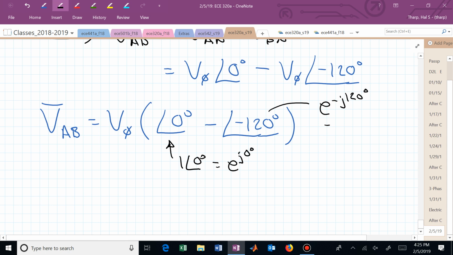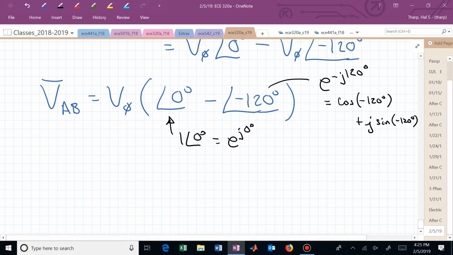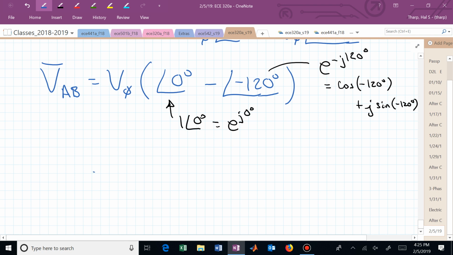You expand this with Euler and you have cosine of minus 120 degrees plus j sine of minus 120 degrees. That's what the angle of minus 120 looks like. And what do those produce in terms of numerical values? You could simply pull out your calculator and compute those, or you could start drawing triangles and figuring this out.